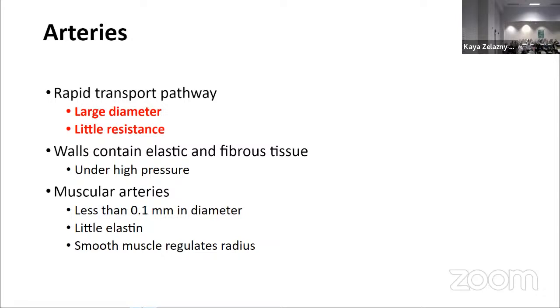They're going to have less elastin, and that's when we're going to start to control their radius with smooth muscle. But that's really going to be the most major when you talk about regulation of radius, we're going to focus on that mostly in the arterioles. Just letting you know now that it is true of some of our small arteries. That's why it's here, kind of.